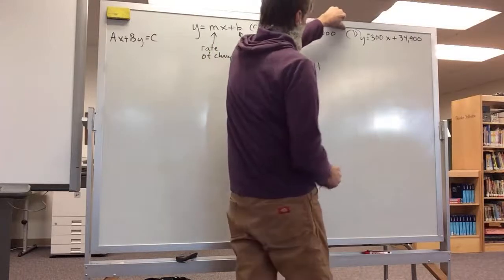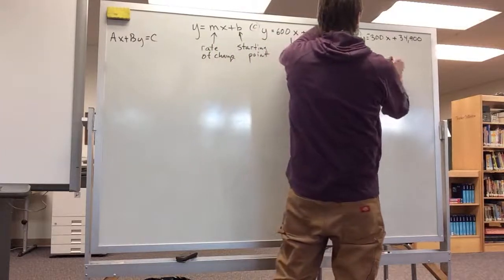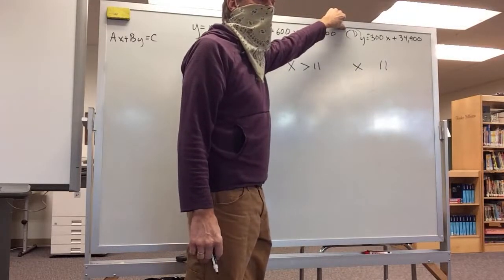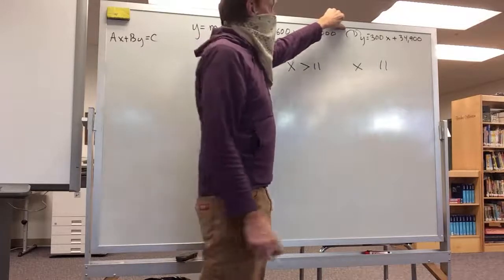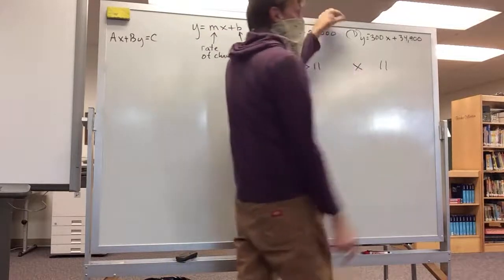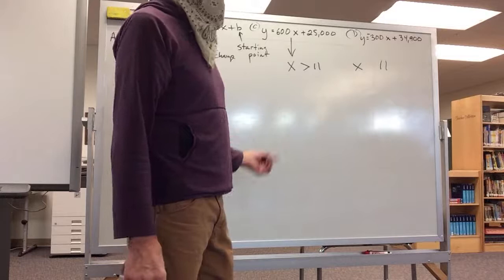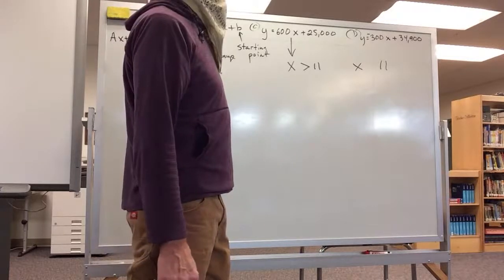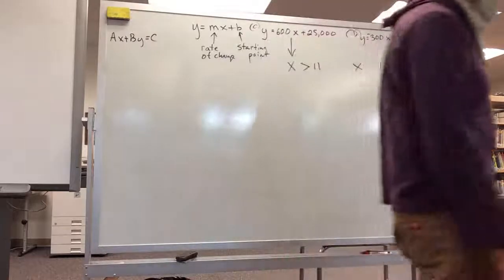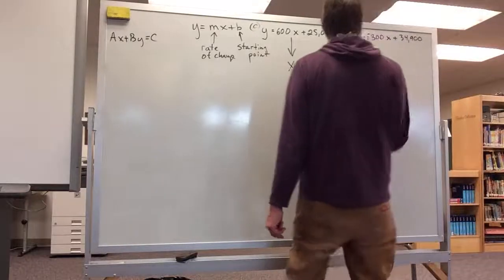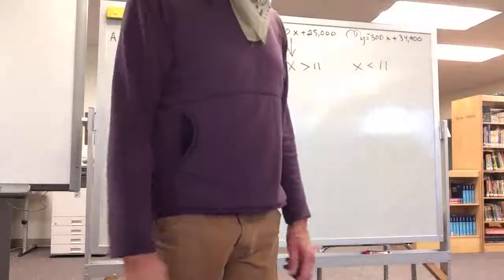Dullsville has a greater population when the number of years is what compared to 11? Greater than 11 or less than 11? Look at the table, look at the graph. Less. Okay, so that cleans up that whole problem.